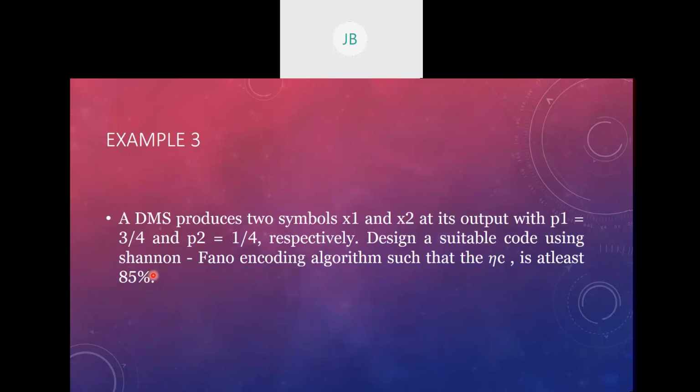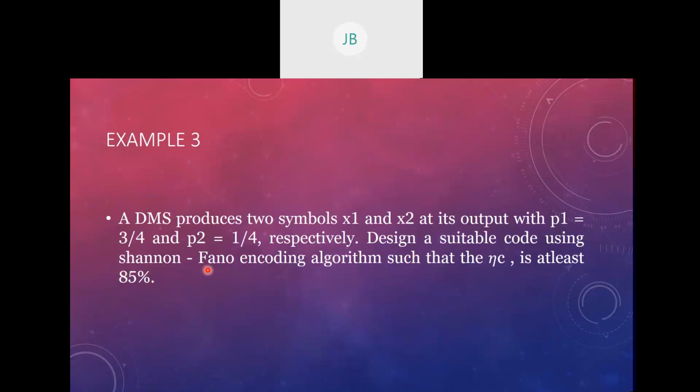So this is a question with a different requirement. In the previous questions, we were asked to find the efficiency, but in this case, the efficiency is given. So we need to design a suitable coding scheme so that we meet this requirement. This is more challenging. How can we do that?